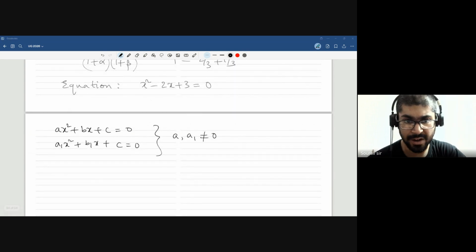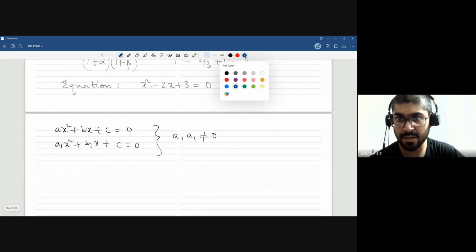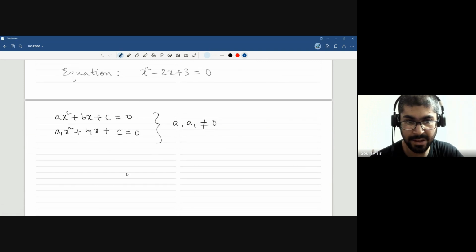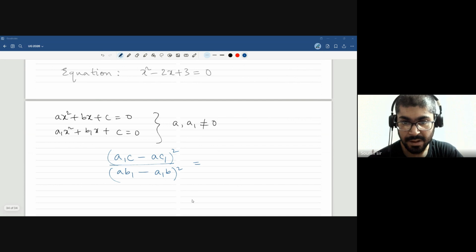If you want a common root to occur, the condition for it will be given by, let us write it down: (a1c minus ac1) divided by (ab1 minus a1b), whole square, is equal to (bc1 minus b1c) divided by (ab1 minus a1b).